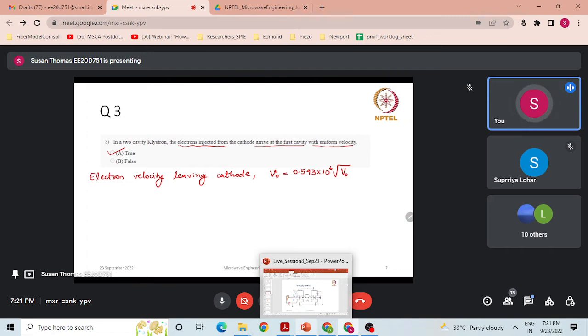Please note, small v naught is the velocity and capital V naught is the DC voltage applied.